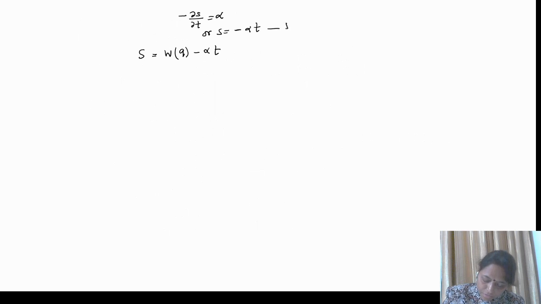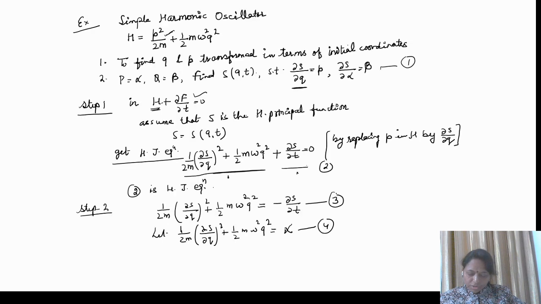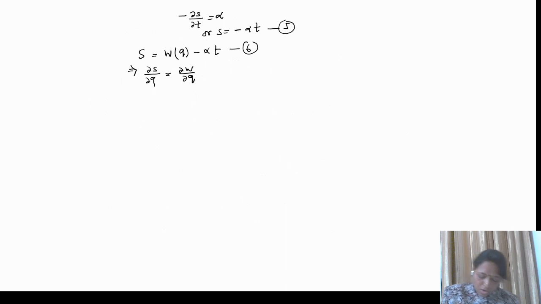Take it as 5 and this is 6. So this implies ∂S/∂q is ∂W/∂q. I'll use this value in 4 and I'll get 1 upon 2m, because my purpose is to find S. So I have to calculate this W: (∂W/∂q) squared plus half m omega squared q squared is alpha.